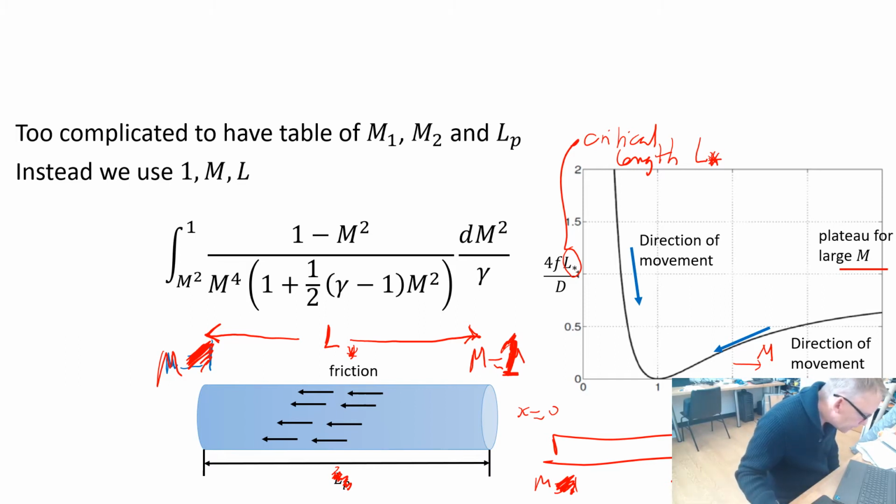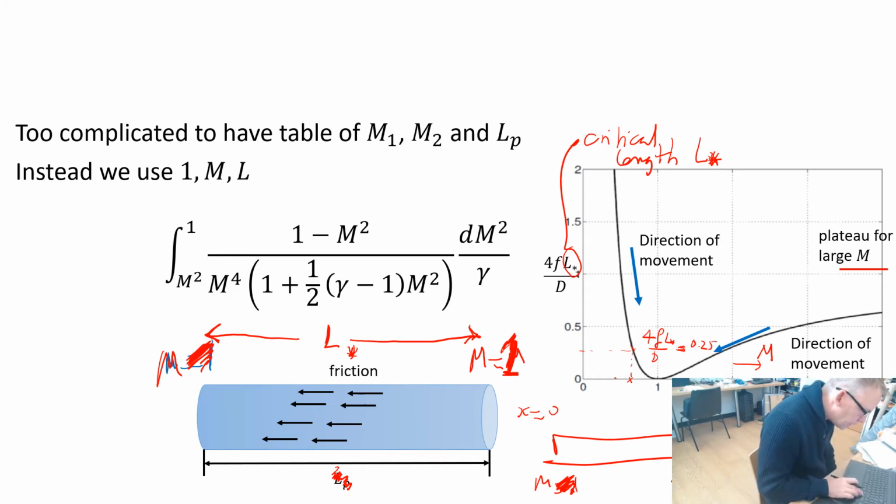So if we had a Mach number, let's say 0.7, and we look on this graph, then this would tell us that we need a critical distance of 4fL star over D of about 0.25 in order to reach a critical state.